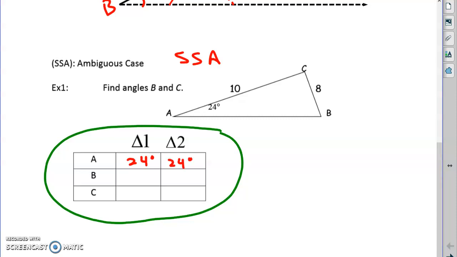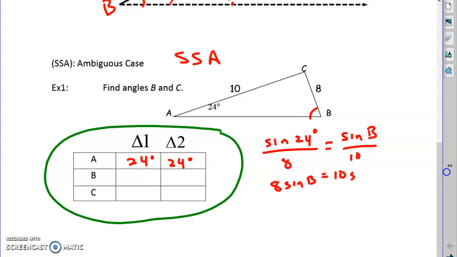Let's find this initial angle B. Sine of 24 over 8 equals sine of B over 10. 8 sine of B equals 10 sine of 24. Divide by 8, take the sine inverse.